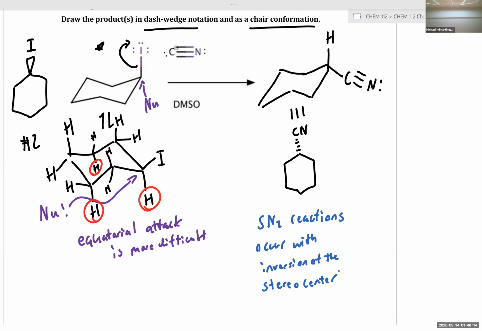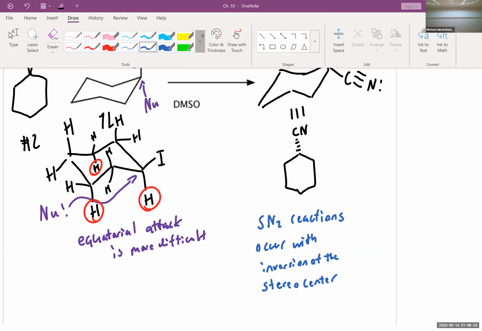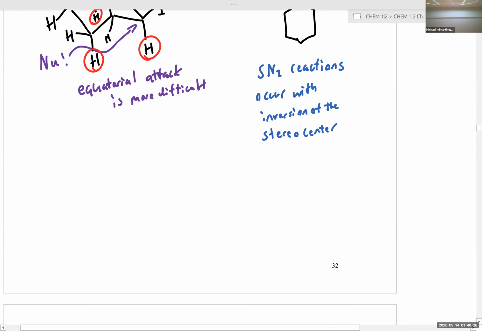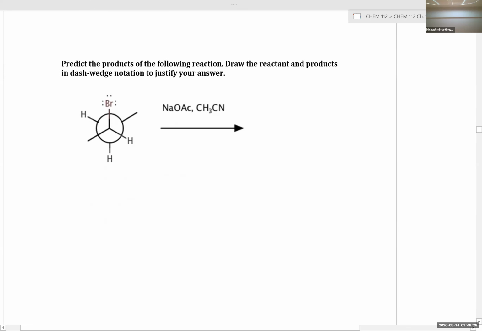Does that make sense to everyone? Does this make sense so far? Perfect. So let's keep going now. I'd like you now to have a try at the following problem.